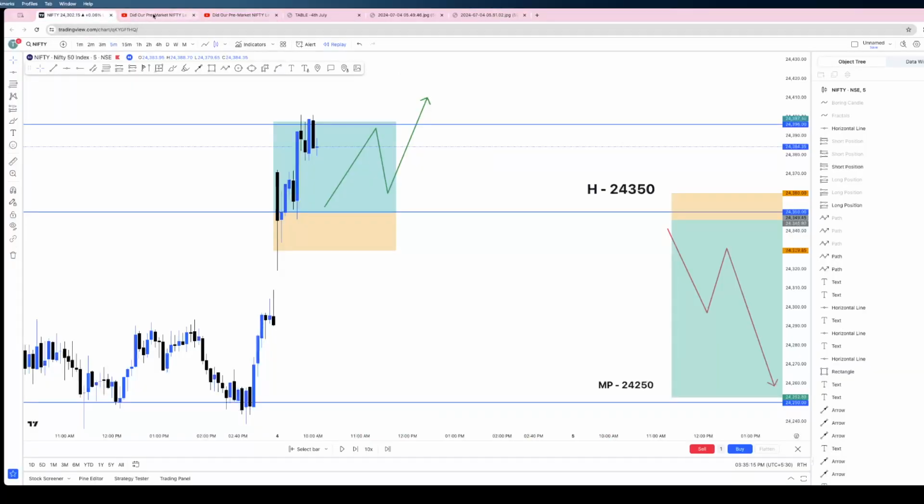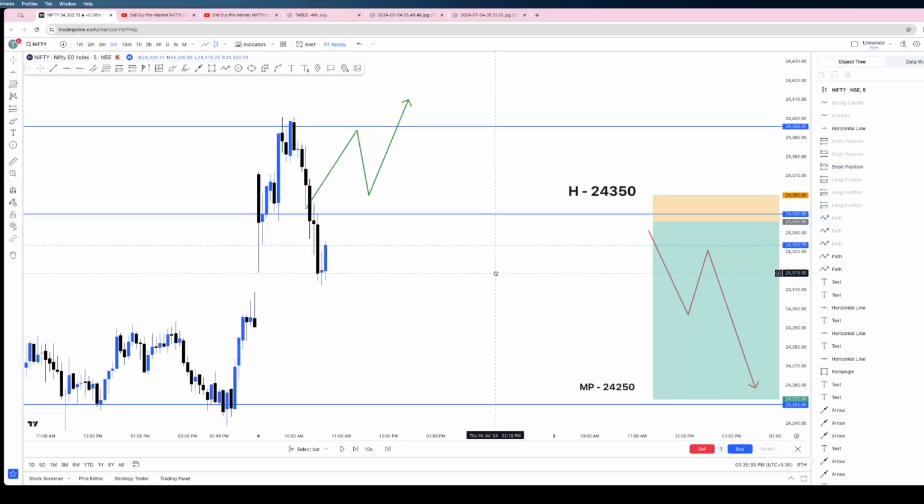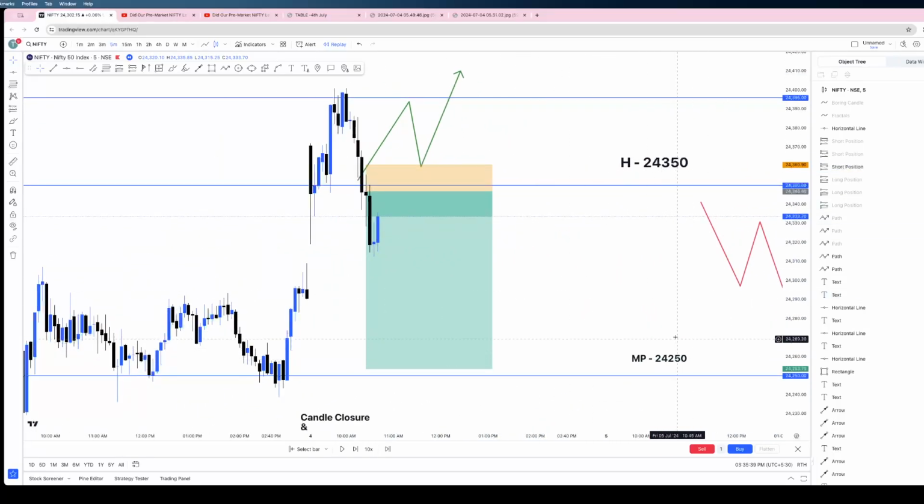Now that it has reached the target for the 24,350 call option, it closed below this range. This is the retest candle. Now that the target is done, I'll hide this long position, and we are looking for a short position. Previously I discussed that if it closed below 24,350, we'd go for a retest and wait for a target up to the midpoint.